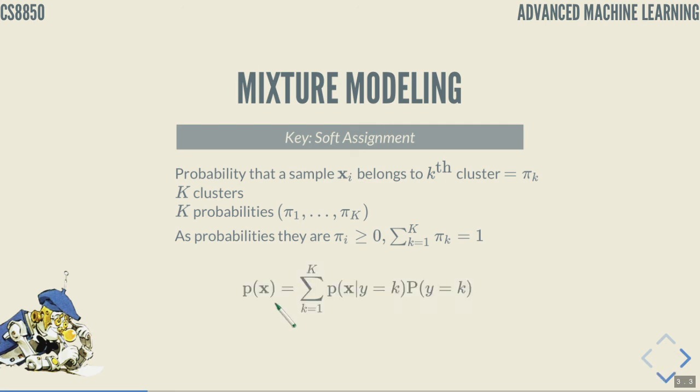And then the probability of observing a certain point is just a sum over our classes. It's the probability, or actually the joint in this case, probability of observing x and a particular class.